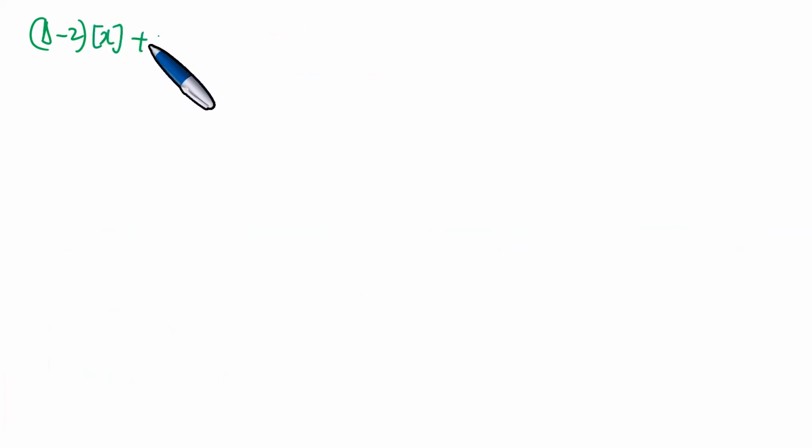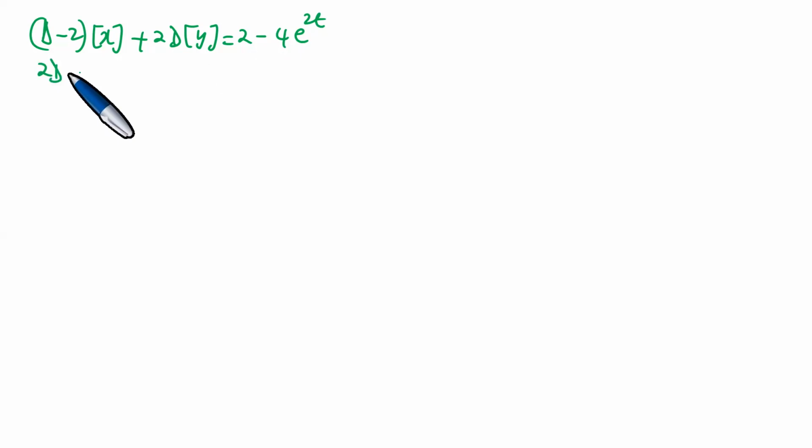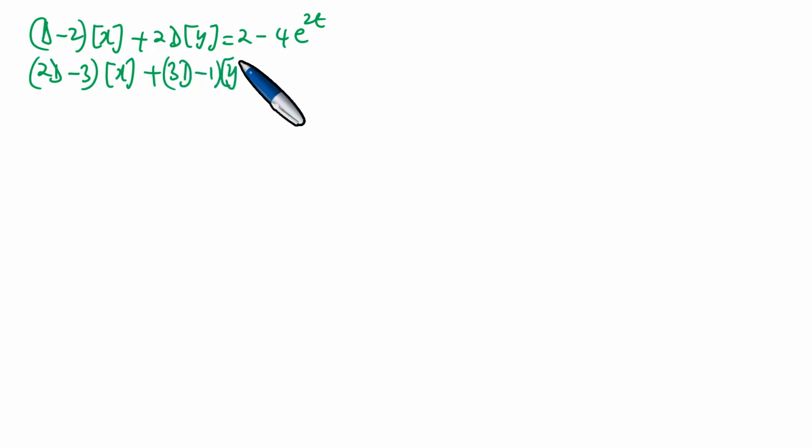We have this, so then we have 2D y, and this is 2 minus 4e to the 2t, and then we have (2D minus 3) x plus (3D minus 1) into y, which equals 0.